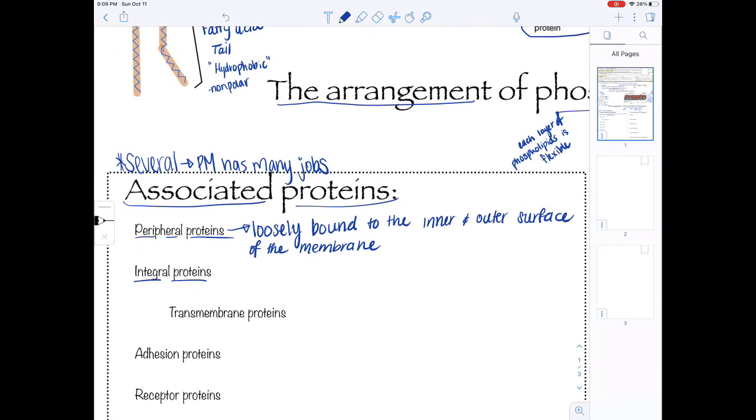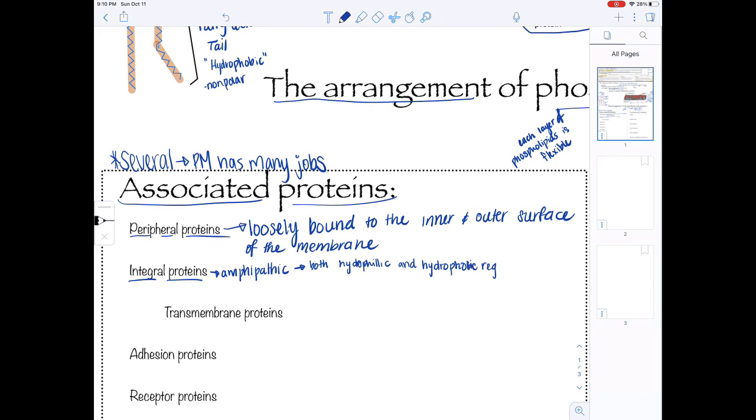The next are our integral proteins. These are known as amphipathic, which is similar to the plasma membrane. They have a hydrophilic and a hydrophobic region. Their hydrophilic region is going to extend out of the cell, whereas their hydrophobic region is interacting with the phospholipid tails, the interior.